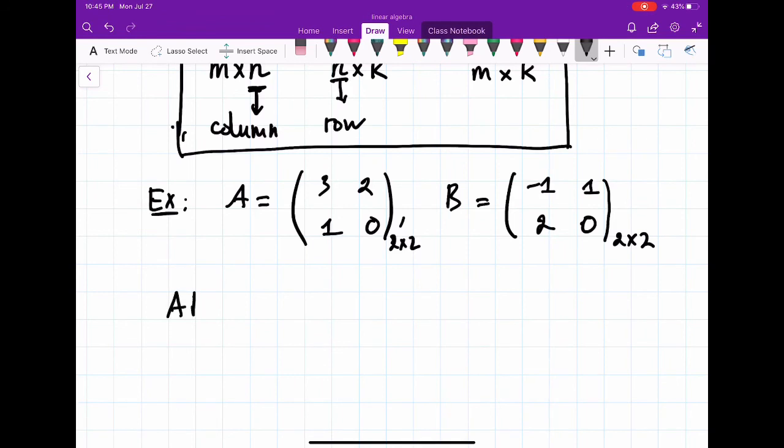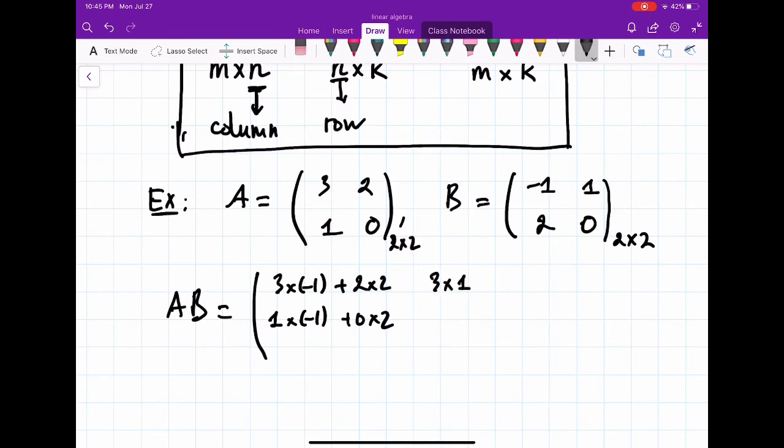Let's find AB. We have 3 times -1 plus 2 times 2, right? And then 1 times -1 plus 0 times 2. That is the first column. The second column, 3 times 1 plus 2 times 0. And then 1 times 1 plus 0 times 0.